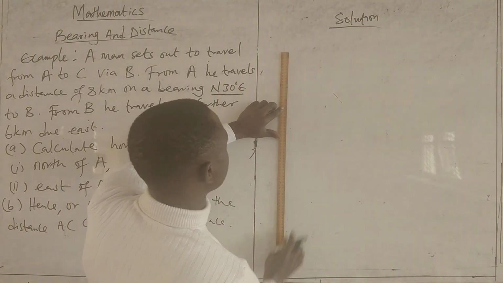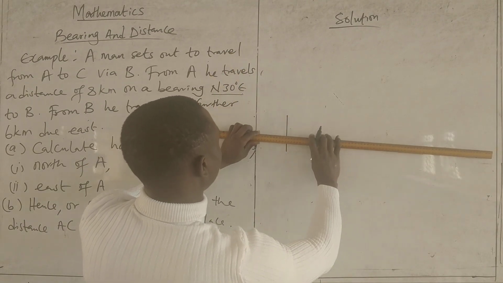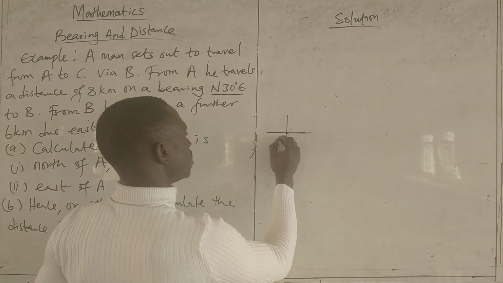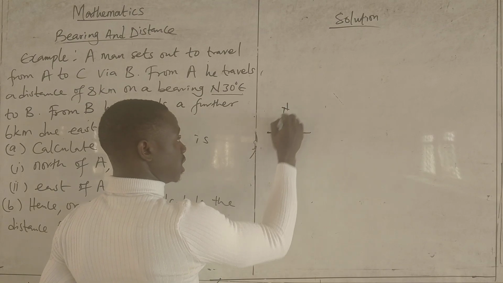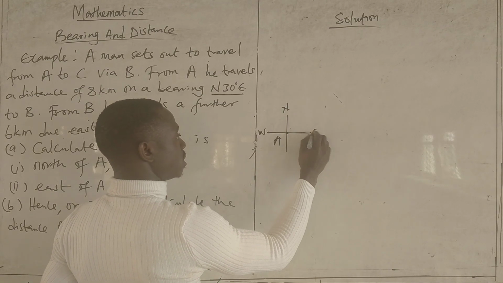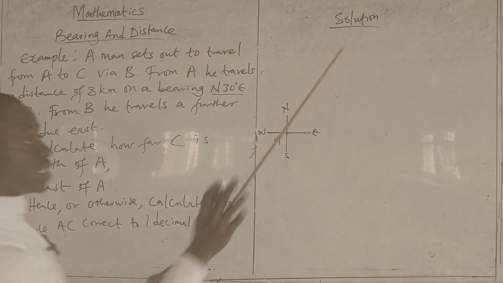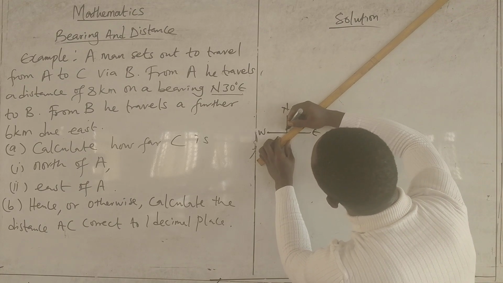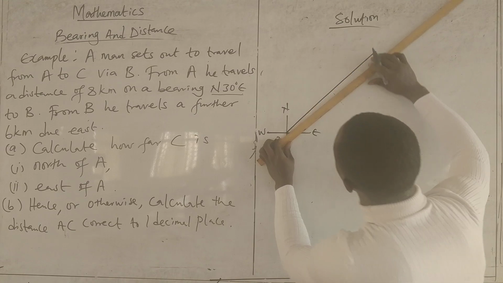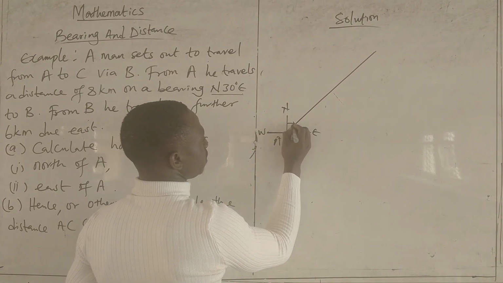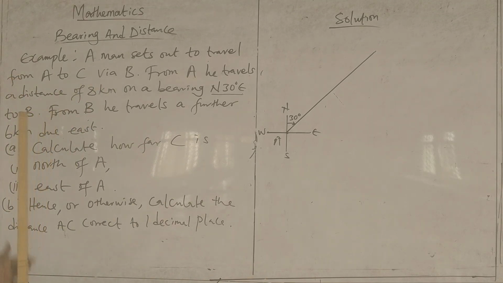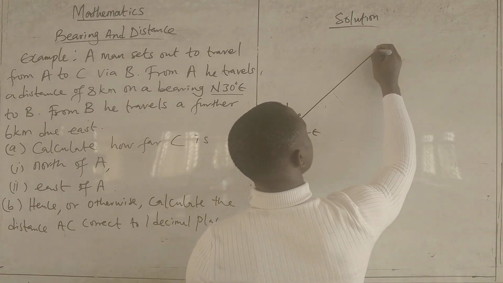So let's start from point A. The traveler is starting from point A. So here, the center here is point A. Here is north of A. Here is west. Here is east. And here is south. So 30 degree northeast, which is 30 degree east of north. Northeast, or you call it east of north. I've told you before, alright? So here is going to be 30 degree. This angle, this 30 degree northeast, to point B. So here's point B now, 8 kilometers.